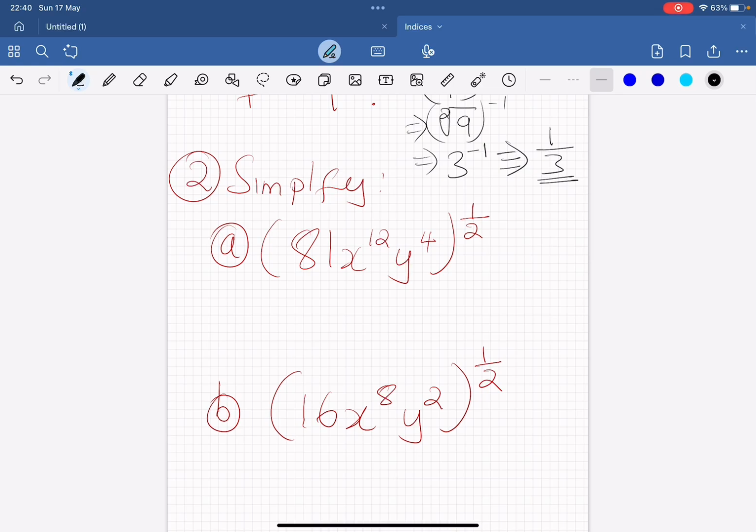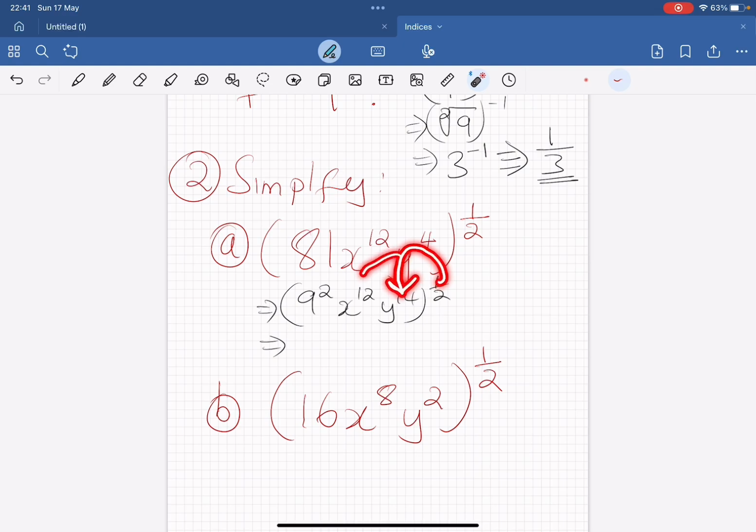And then I recall that 81 is the same as 9 squared. So I'm going to rewrite it like that. And then what's going to happen is I would next be distributing the half.